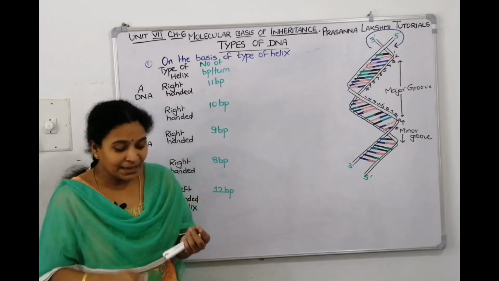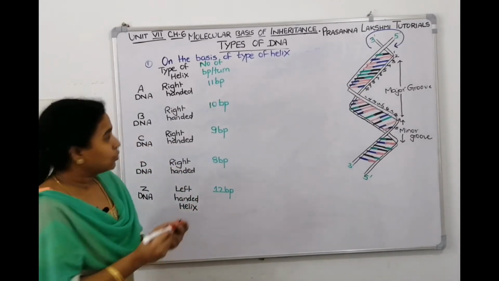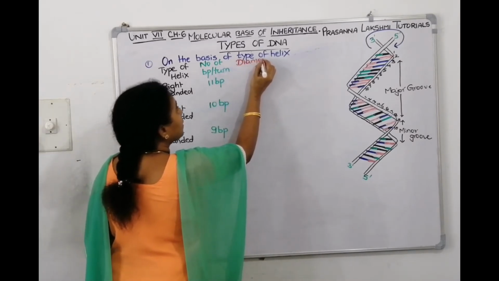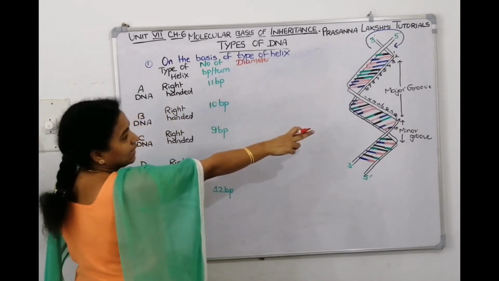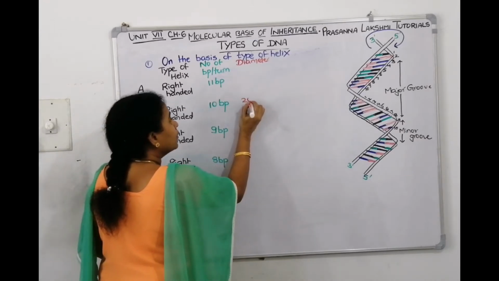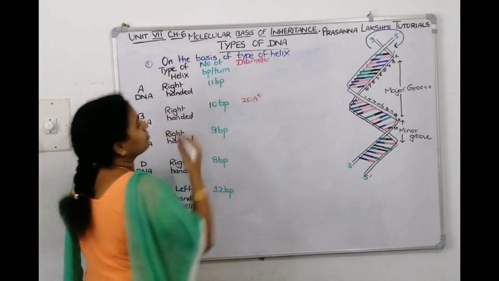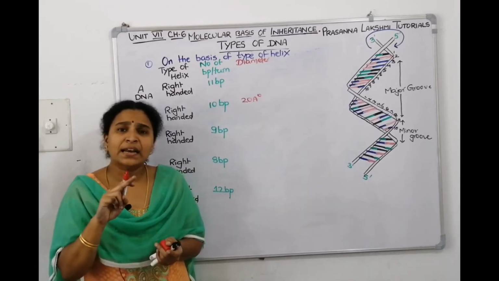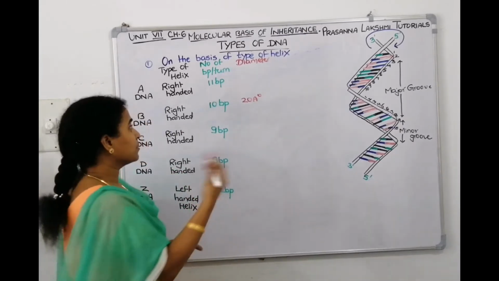Now, coming to the diameter of the helix, we know that B DNA has a diameter of 20 angstroms. A DNA diameter will be 23 angstroms, it is more, right?